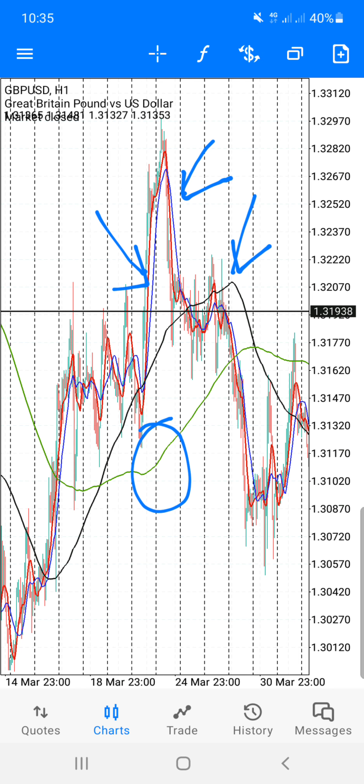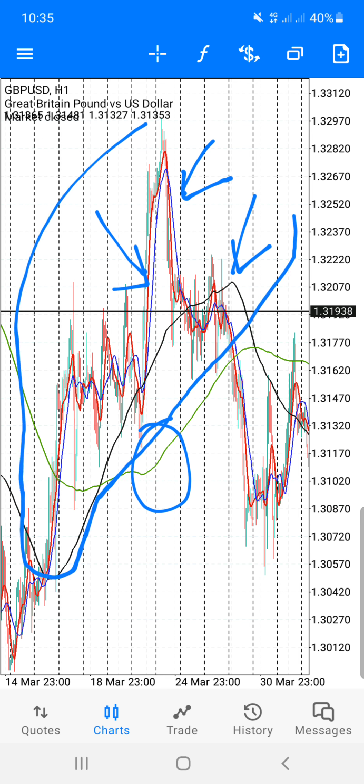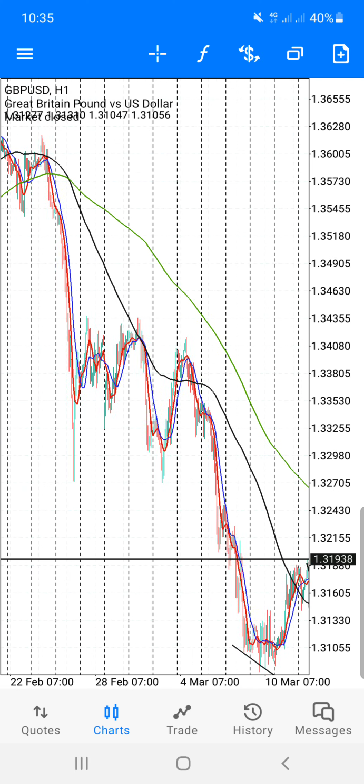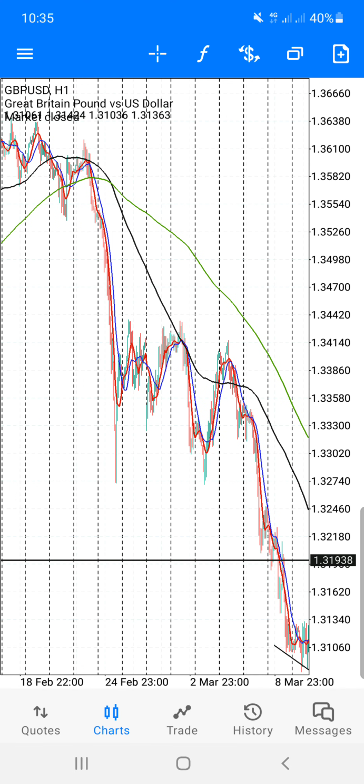If you notice, everything here around this region was above it. We're in an uptrend, right? Then now let me show an example for a downtrend. A downtrend is when all the candles are below the green moving average.